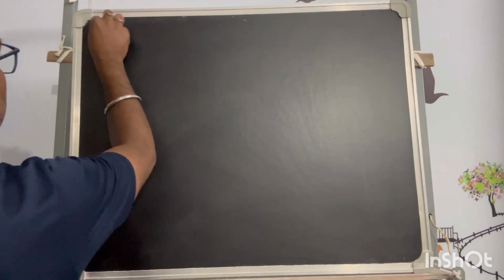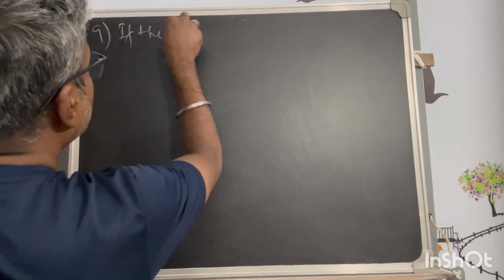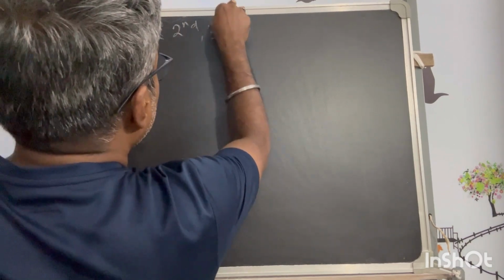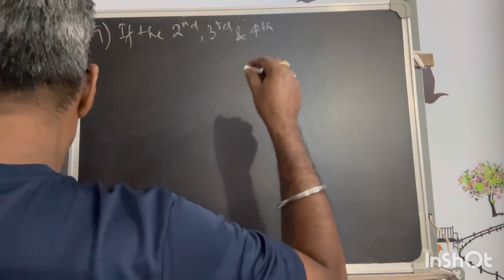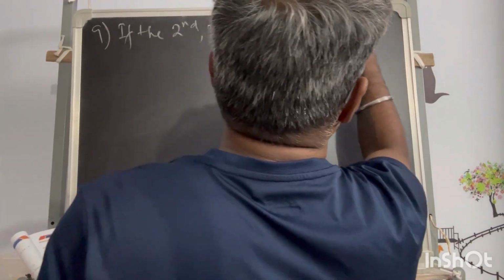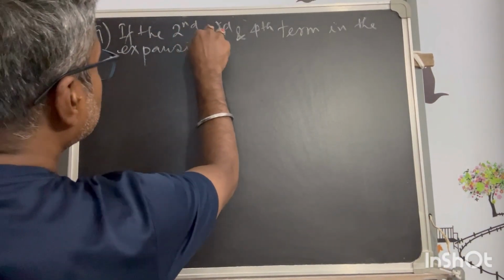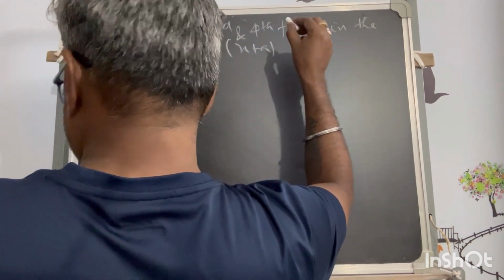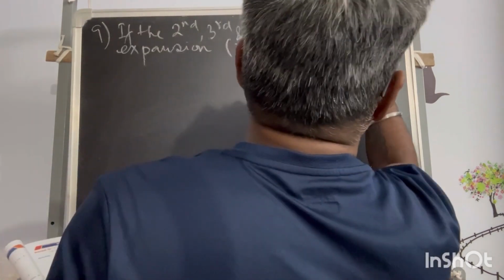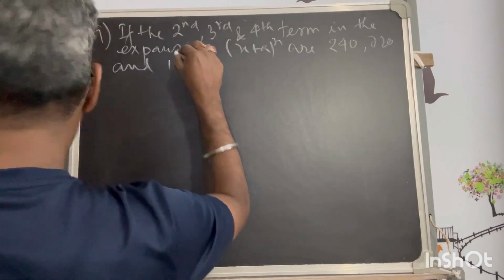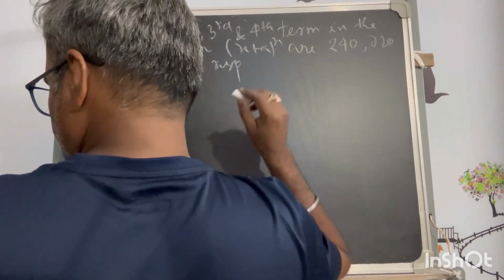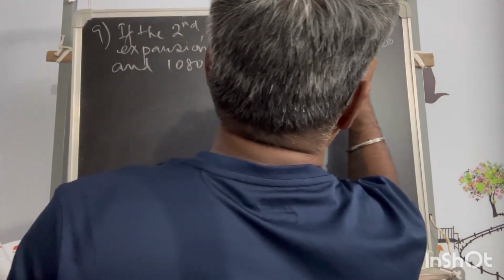So I will move on to problem number 9 in binomial theory in this chapter. Problem number 9 says: if the second, third and fourth terms in the expansion of (x plus a) whole to the power n are 240, 720 and 1080 respectively, then find n.